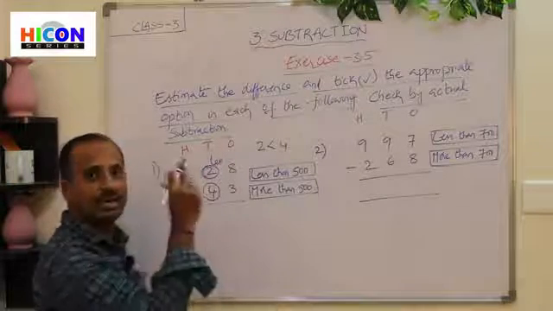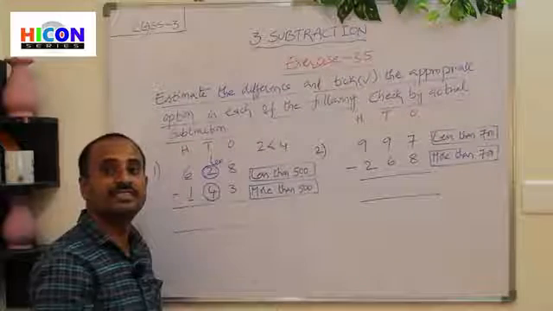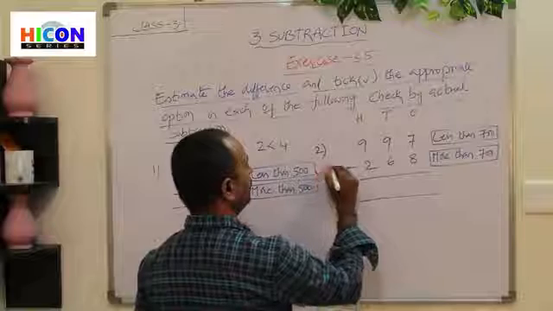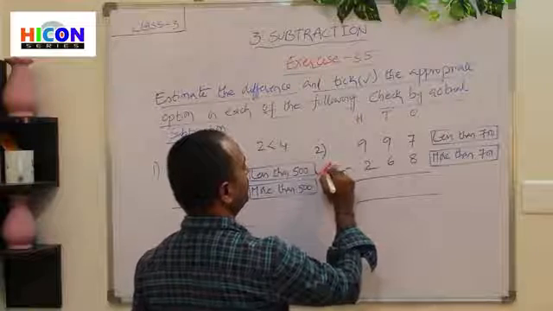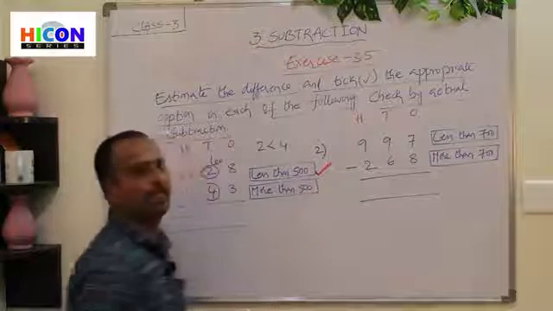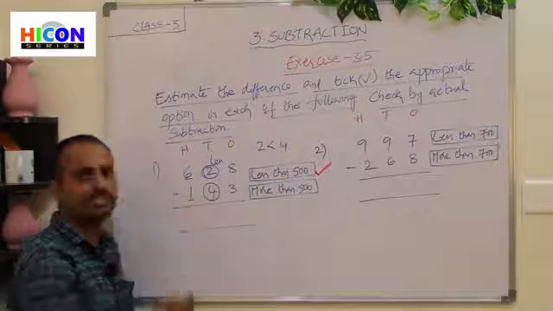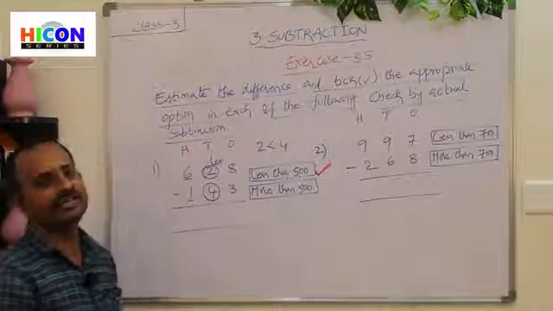That's why the difference is also less than 500. So put a tick mark for less than 500. Now let us check our estimation by doing actual subtraction.